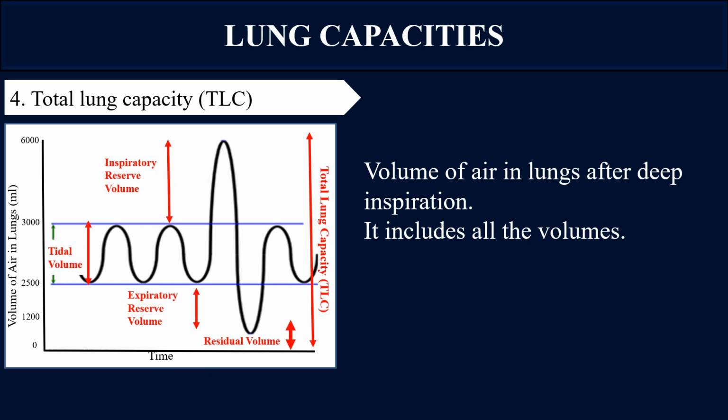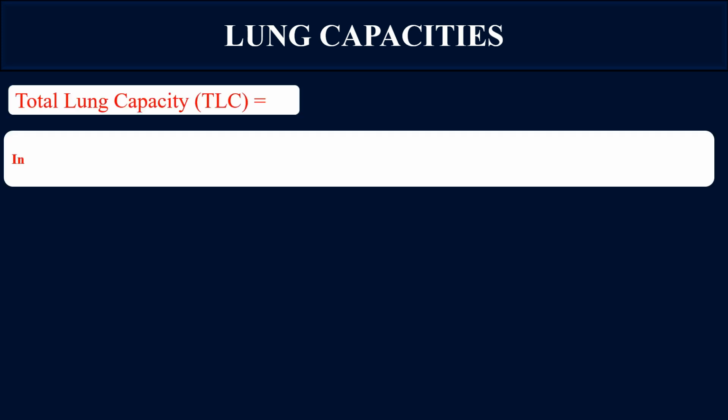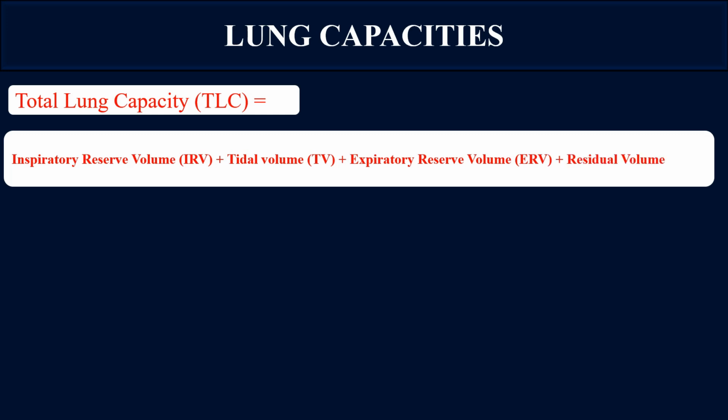Let's calculate the total lung capacity by putting in the measurements of these volumes. Total lung capacity is equal to inspiratory reserve volume, plus tidal volume, plus expiratory reserve volume, plus the residual volume.